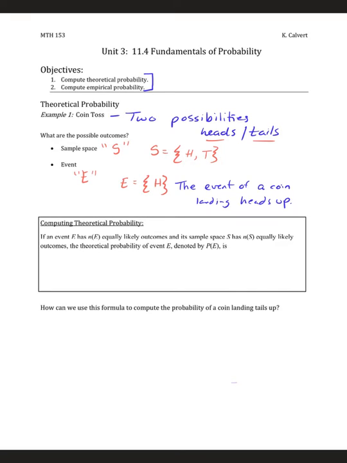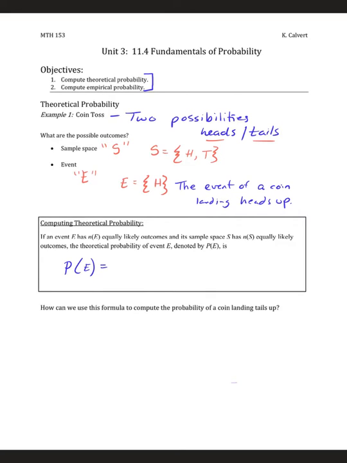So to compute the theoretical probability, we can set up a kind of form, if you will. And this does come out of your textbook as well. You can read through that on your own, but we want to say the probability of any certain event E. Now, this event E could be flipping heads up, tails up, or whatever it may be with the experiment that we're looking at.